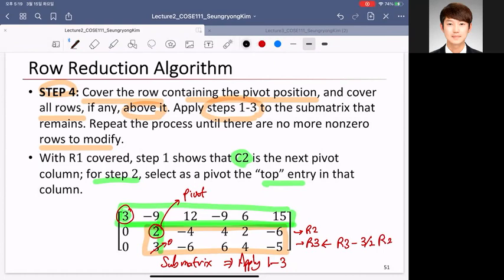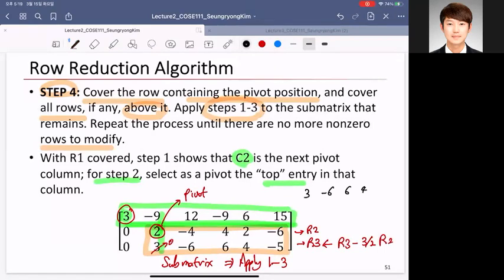So in this case, 3, -6, 6, 4, -5, and -3 over 2 R2 is going to be -3, plus 3 over 2 times 4, and -3 over 2 times -2 is plus 2, and 3 over 2 times ... 6, right?